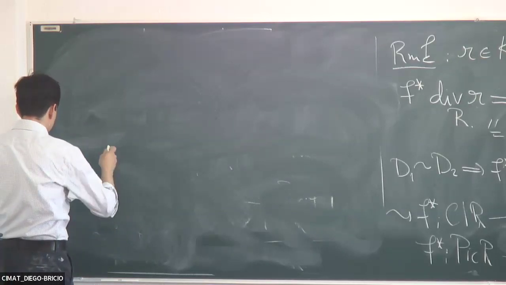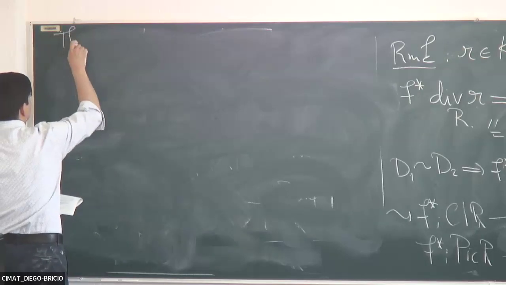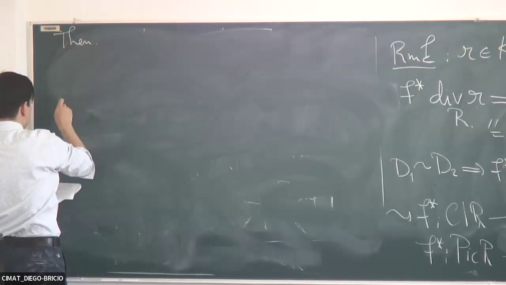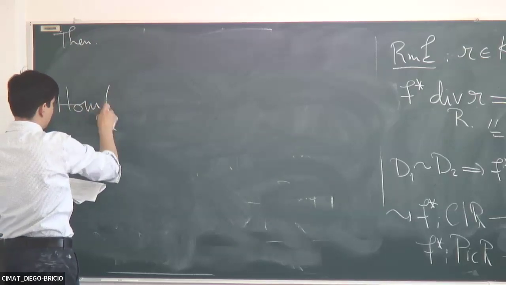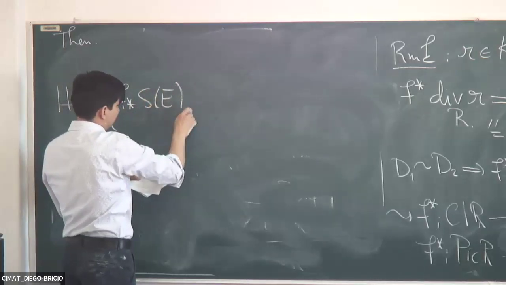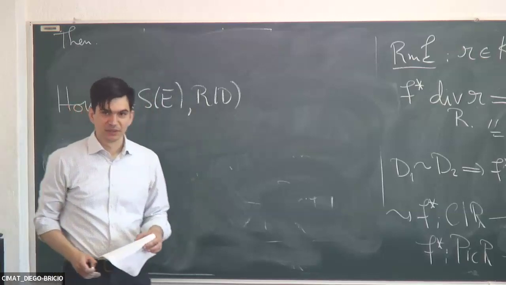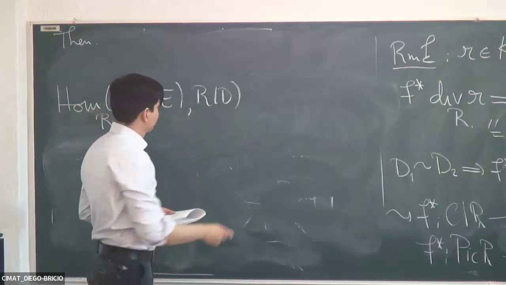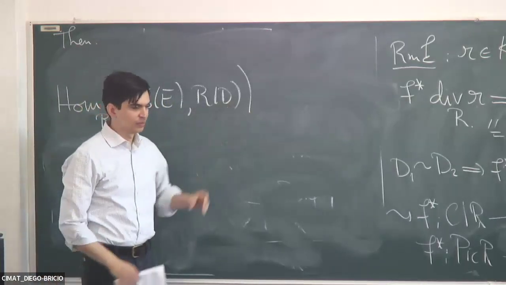So, and this is the conclusion. Then what do I want to understand? All I want to understand is the Hom in between SE and RD. Right? We are obsessed with Homs. So I have the Homs in between these two things.